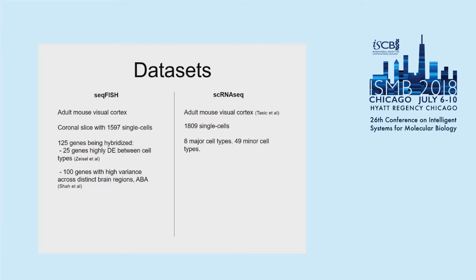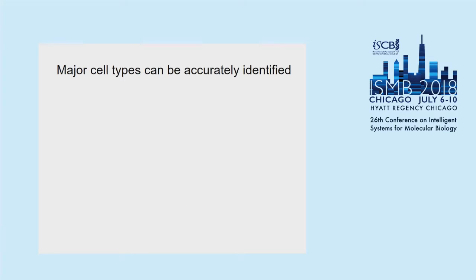For the single-cell RNA-seq, we simply use existing published data, Tasic et al., which contains 1,800 single cells and 8 major cell types, listed as follows: the glutamatergic neurons, GABAergic neurons, astrocytes. The latter 4 are the glial cell types.